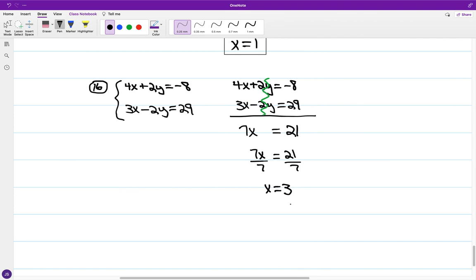What I can do here is plug in 3 for x in either of these two equations and set things up whereupon I can solve for y. So we plug in 3 for x, solve for y. I'll just go with the first equation.